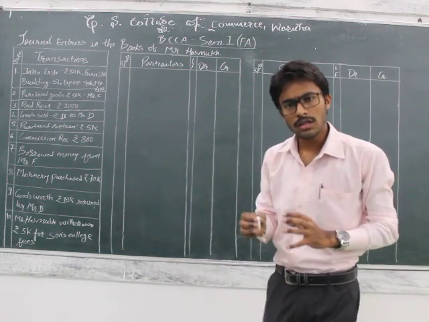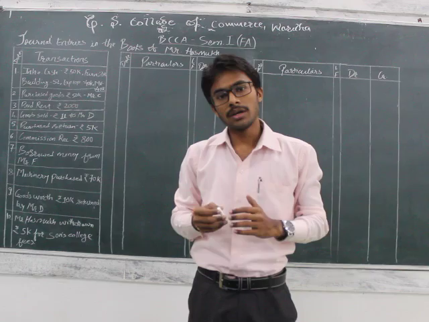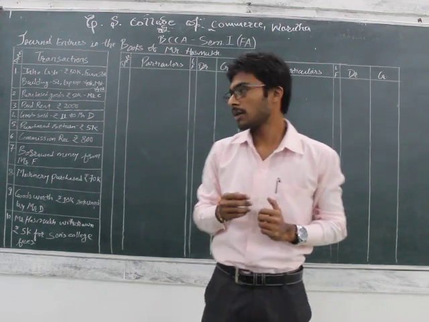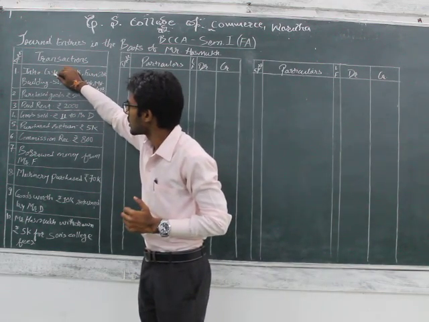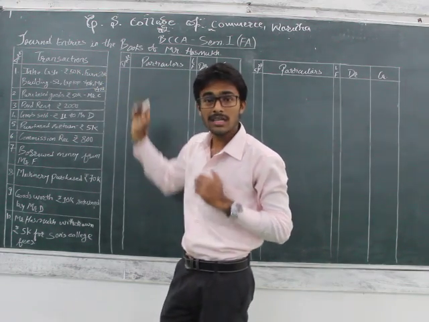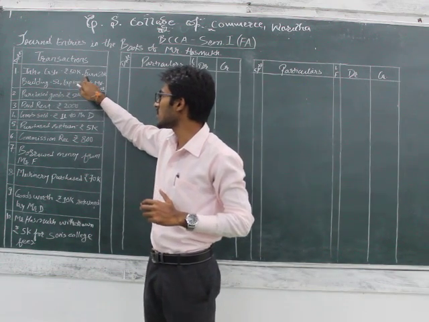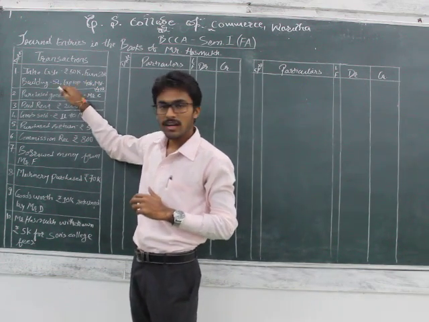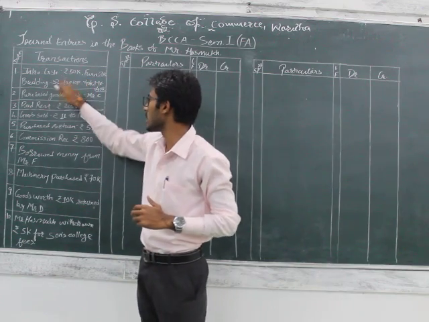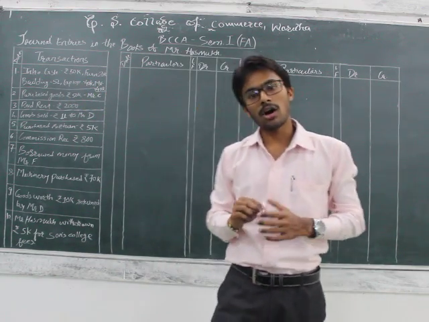These all things have been given by Hasmukh to the business. That means cash, furniture, building, laptop, and motor vehicle are coming into the business. Cash is a real account, furniture is real. Why real? Because cash, furniture, building, laptop, and motor vehicle are all assets.